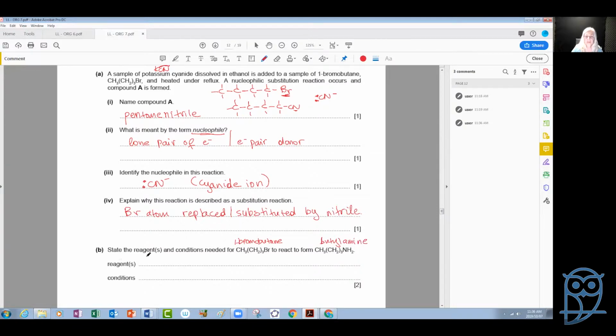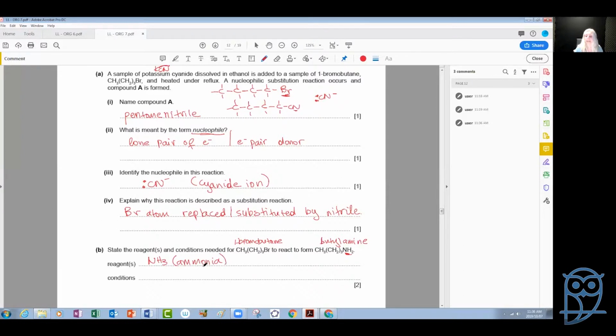Okay, so state the reagents and conditions needed for 1-bromobutane to react to form butylamine. And remember, the reagent must be ammonia. Let's write it in words: ammonia.